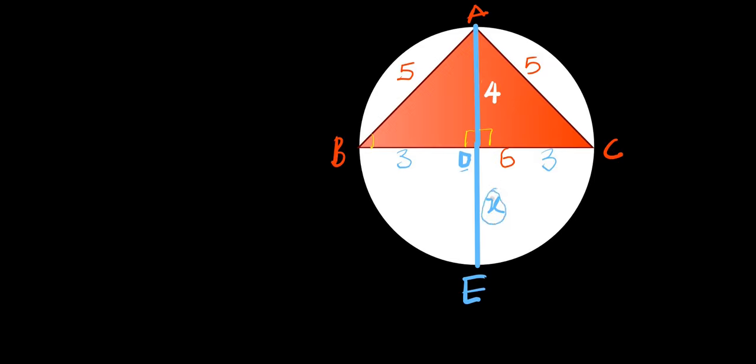And once you can find this length there, and remember, this diameter must pass through the center of the circle. So the center of the circle is somewhere here. So it must pass through the center of the circle, right? So let's go ahead and find the length x. Now, to find this length, we are going to consider what we call the chord rule.